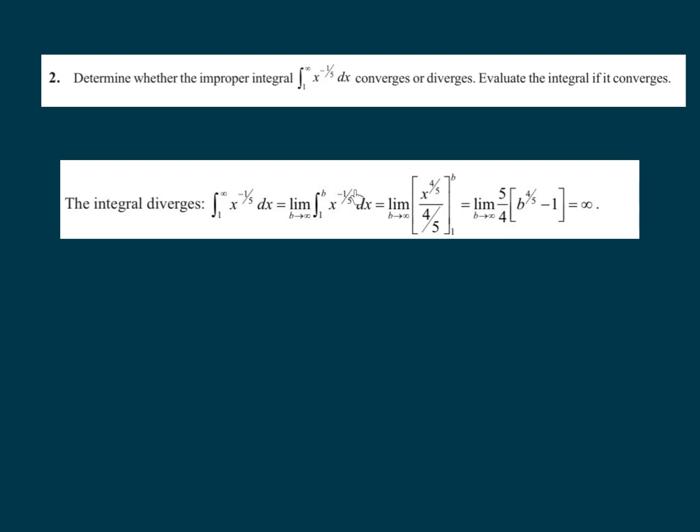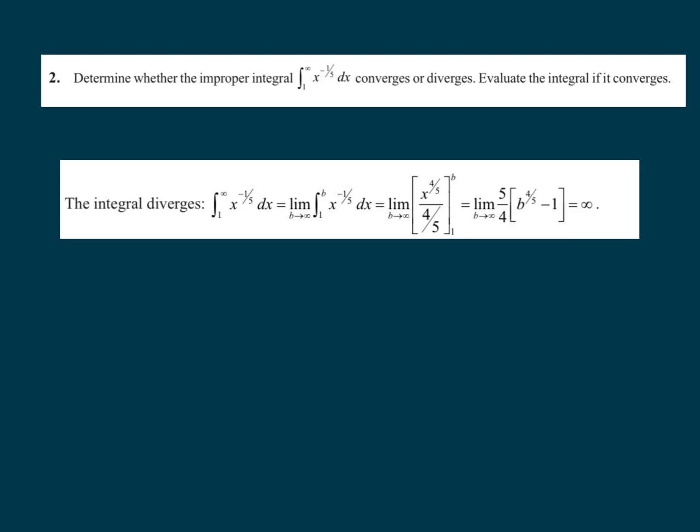What is the integral of this function? The integral of this function is x^(-1/5 + 1) divided by (-1/5 + 1). Minus 1/5 plus 1 is 4/5. So it's x^(4/5) divided by 4/5, evaluated between 1 and v.